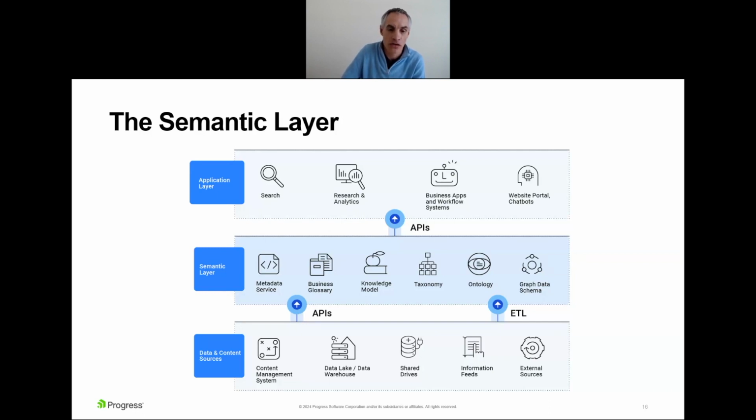In other words, they consult the knowledge model, the business glossary, to work out, let's say, the field names that they have to grab and pass up to the data layer, for example.